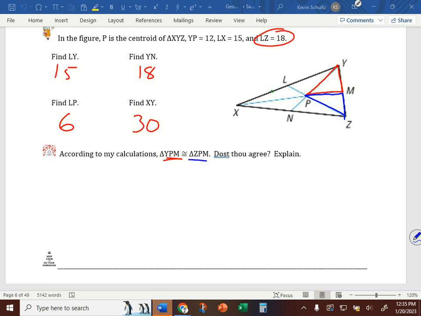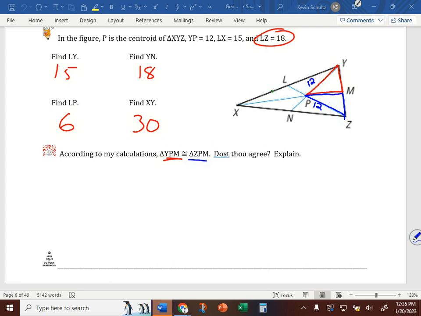We already calculated ZP to be 12, and we calculated PY to be 12. So far, so good. What else do we need here, and how do we get it? Arlene, give me one of the other pieces. Yes, because it bisects YZ.